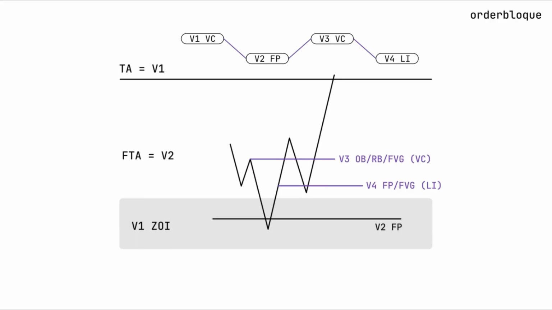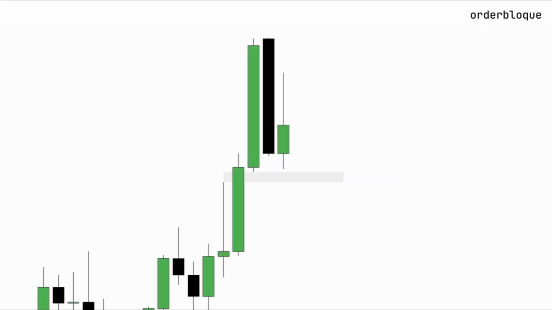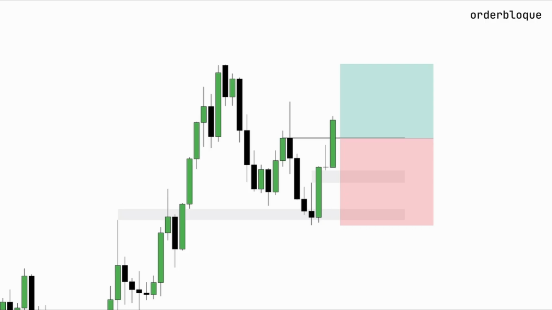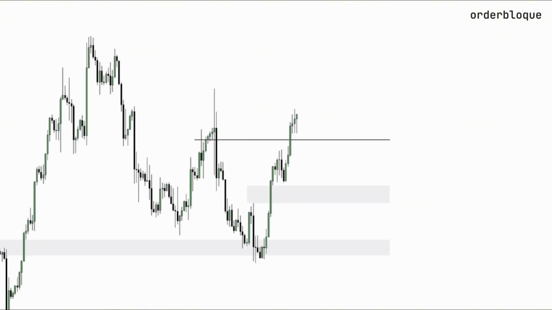Let's analyze several examples. On the weekly time frame, there is a fair value gap, and on the lower, daily time frame, this zone is tested, forming another FVG and order block. The latter can be considered as volume confirmation for opening a long position. The risk-to-reward ratio to the nearest trouble area turns out to be unsatisfactory. In this situation, we move to the 4-hour time frame to search for liquidity injection.